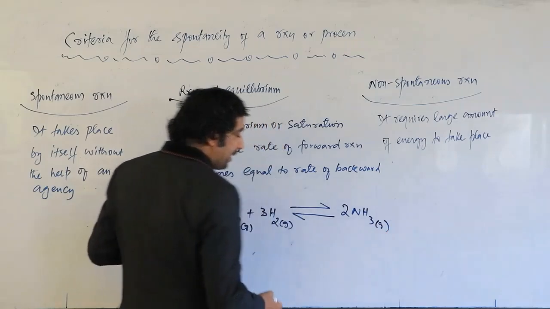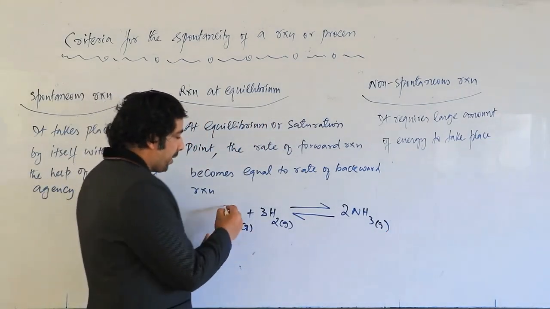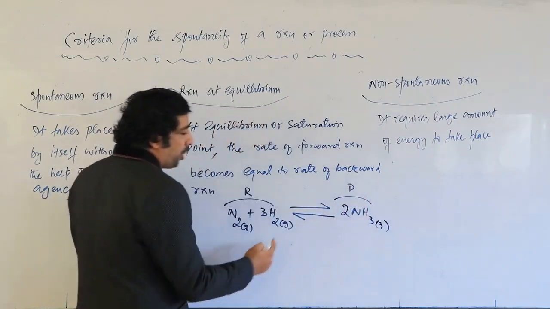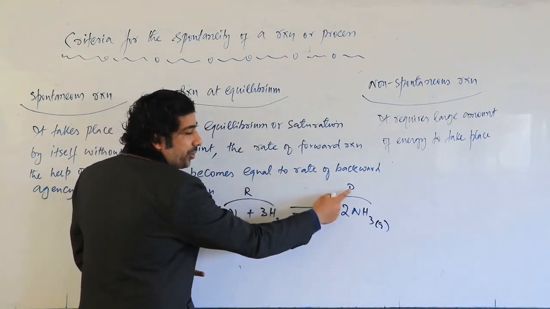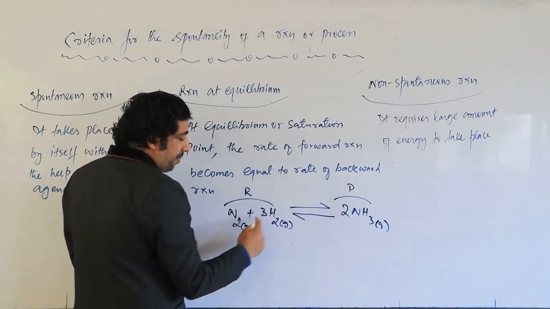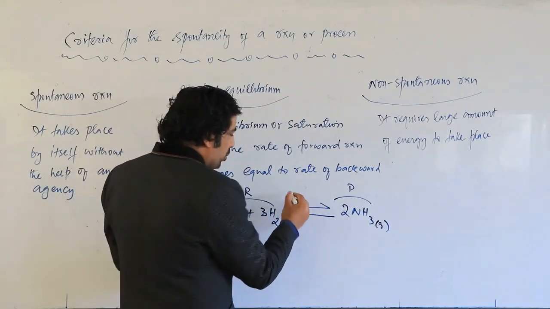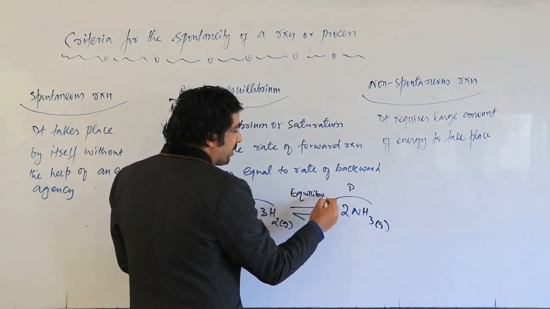So if I say that this reaction is at equilibrium, my dear friends, it is because here the reactant will change into the product and the product will change back into the reactant. Look here, this arrow will tell you reactant is changing into product and product is changing back into the reactant. So understand this, these arrows will tell you that it is at equilibrium, my dear friends.